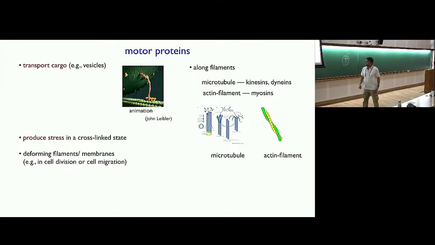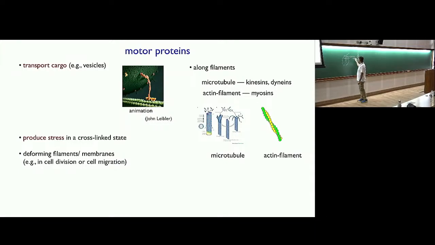And by doing that, they can transport cargo from one part of the cell to another. The cells are typically several microns in size, and I'll also be talking about neural cells, which typically have a cell body where the nucleus and other structures are, and long appendages called axons.